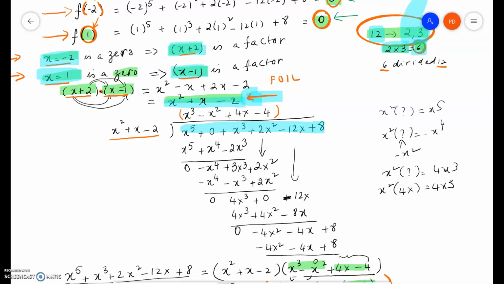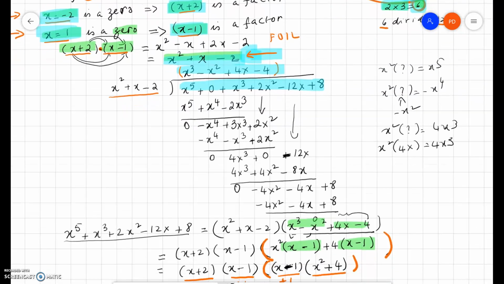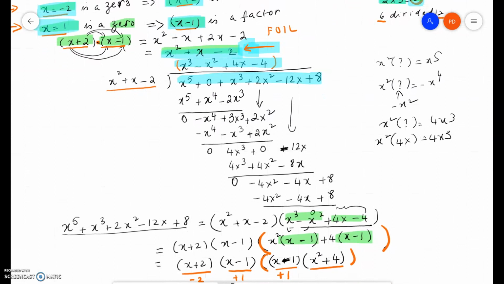When I do all the work, my quotient is x cubed minus x squared plus 4x minus 4, which tells me that x to the fifth plus x cubed plus 2x squared minus 12x plus 8 is equal to x squared plus x minus 2 times x cubed minus x squared plus 4x minus 4.